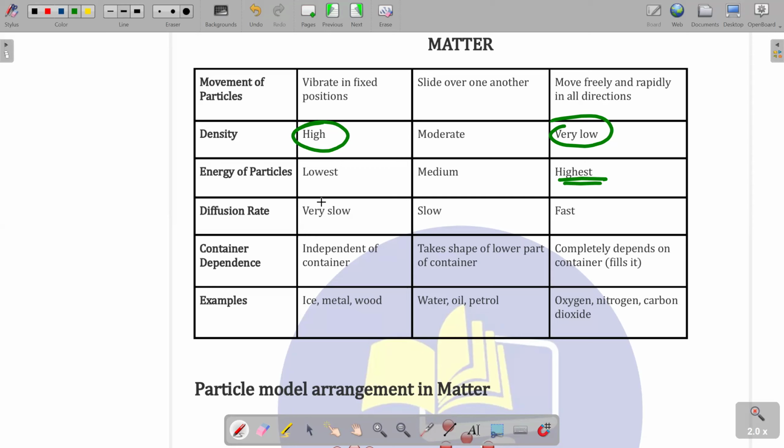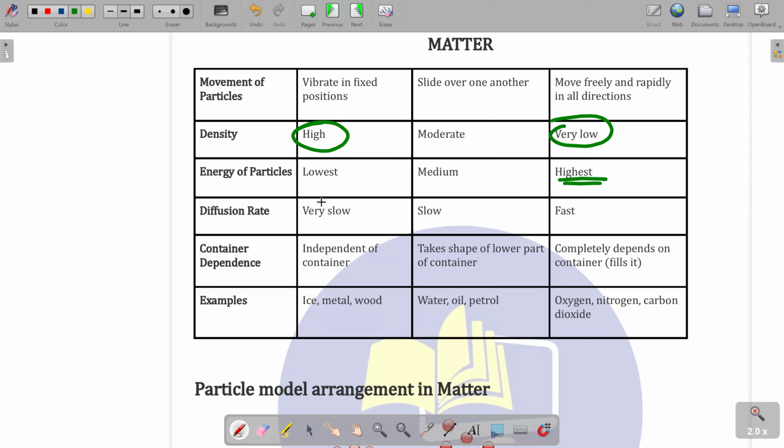Diffusion rate: of course, gases, because of that high energy, diffuse the fastest, while solids diffuse the slowest. And container dependence: solid is independent of container, while gases are completely dependent on the container that contains them. That's why they could assume the volume of their container. Unlike solids, they can maintain their particle arrangement whichever container you place them in.